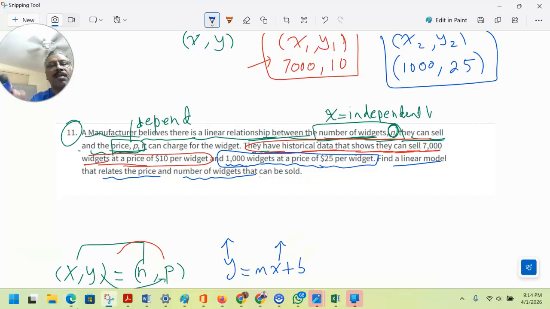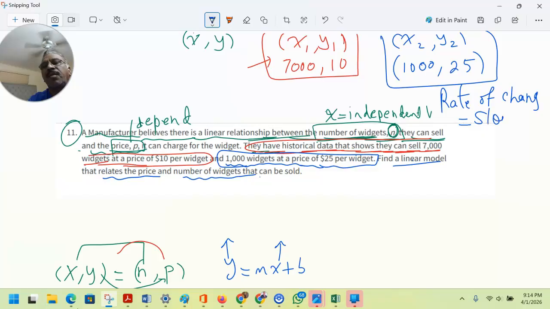So let's see now. First we have to find the rate of change. What is the meaning of rate of change? It is the slope, which is m, and m means y2 minus y1 over x2 minus x1. Let's plug in.